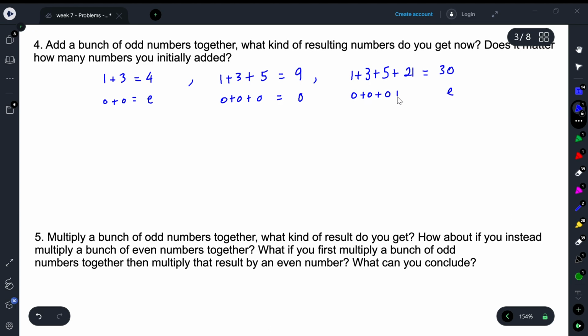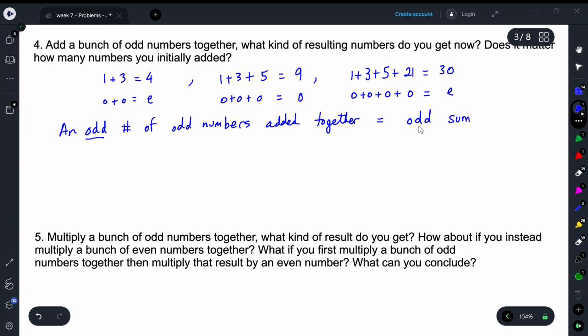So can we summarize our pattern that we found here? It appears to be the case that if you add an odd number of odd numbers together, you get an odd sum, or an odd total.